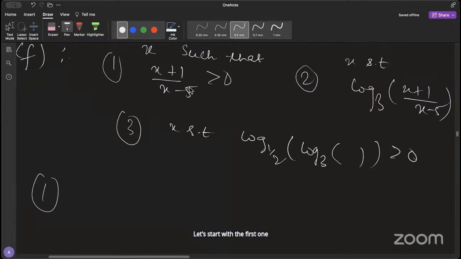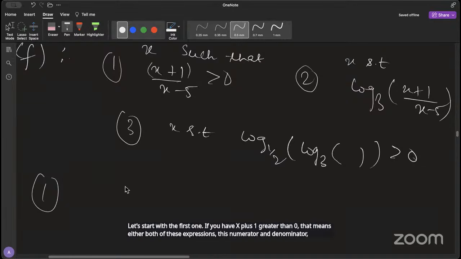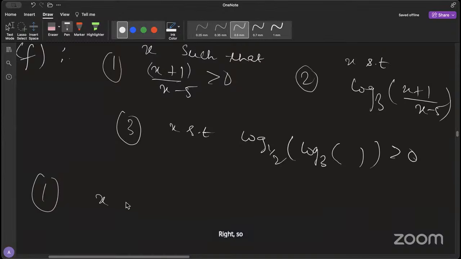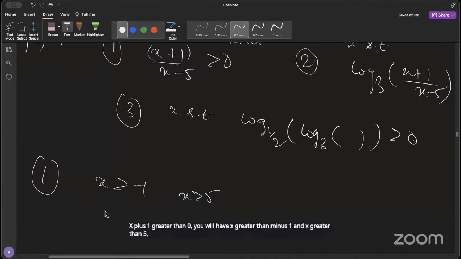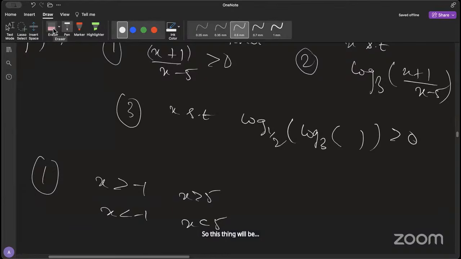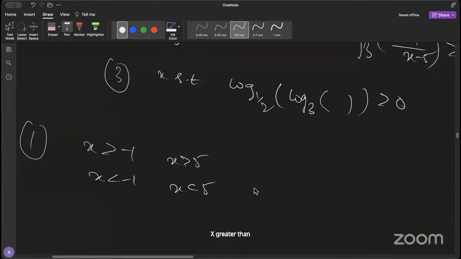If you have (x plus 1) by (x minus 5) greater than 0, that means either both of these expressions, the numerator and denominator, are greater than 0, or both are less than 0, right? So you'll have x plus 1 greater than 0, so x greater than minus 1, and x greater than 5. And for both less than 0, you'll have x less than minus 1 and x less than 5. So simply you can have x greater than 5 and x less than minus 1.